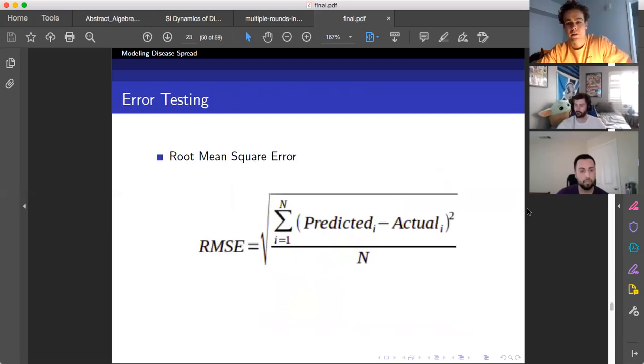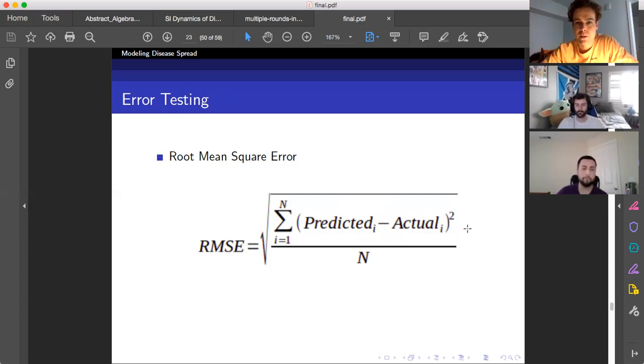Okay, so for the error testing, we're going to use the root mean square error, which is this equation on the screen here. The main idea is you're doing predicted, which you can think of as our model, minus the actual, so like the simulation. And then you're squaring it, dividing it by a constant, and then square rooting it.